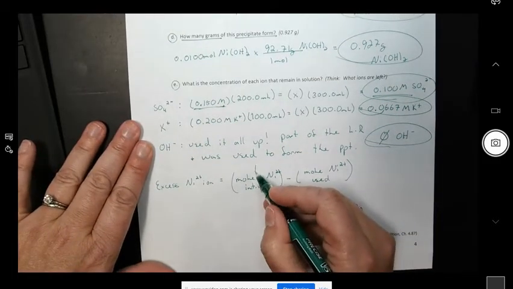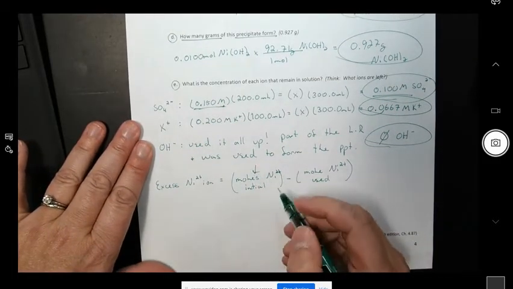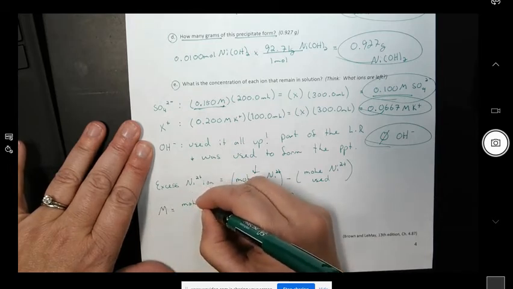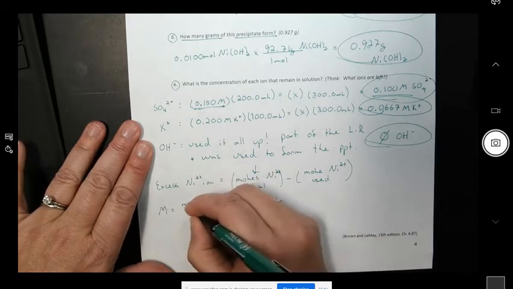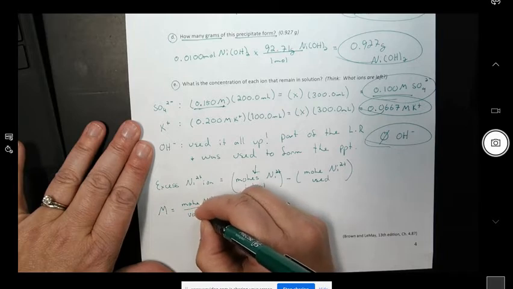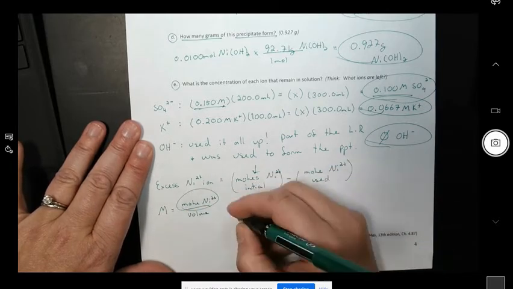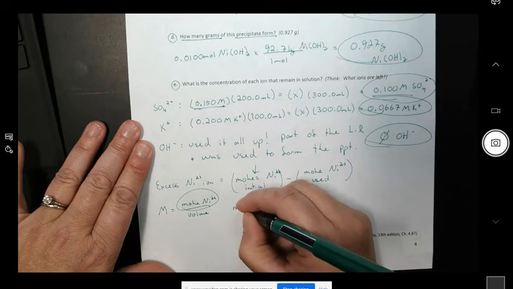If you need to find moles that you had initially, you can use molarity equals moles of nickel over the volume of original solution, and then solve for moles. I'll just go ahead and do this out.